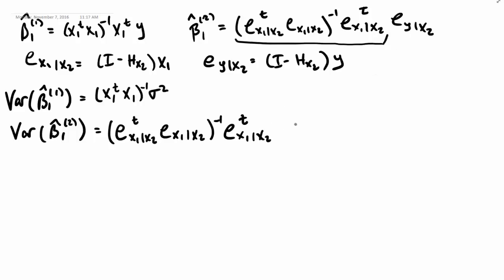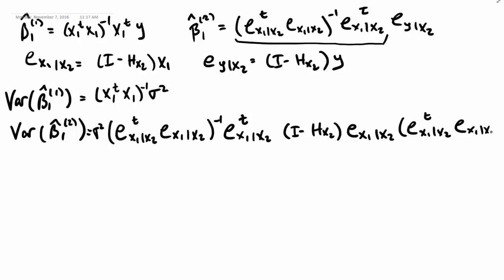I'm just going to write out that variance. That's I minus H X2 times sigma squared. I'm going to put the sigma squared up front for convenience, and then times the transpose of all this other stuff: e X1 given X2, e X1 given X2 transpose e X1 given X2 inverse.